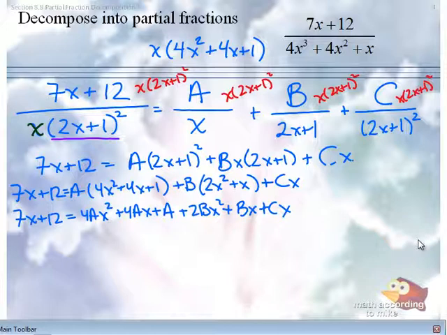Here's the deal. So now you compare coefficients to coefficients. What's the coefficient of x squared on the left? 0. What's the coefficient of x squared on the right? 4A plus 2B.